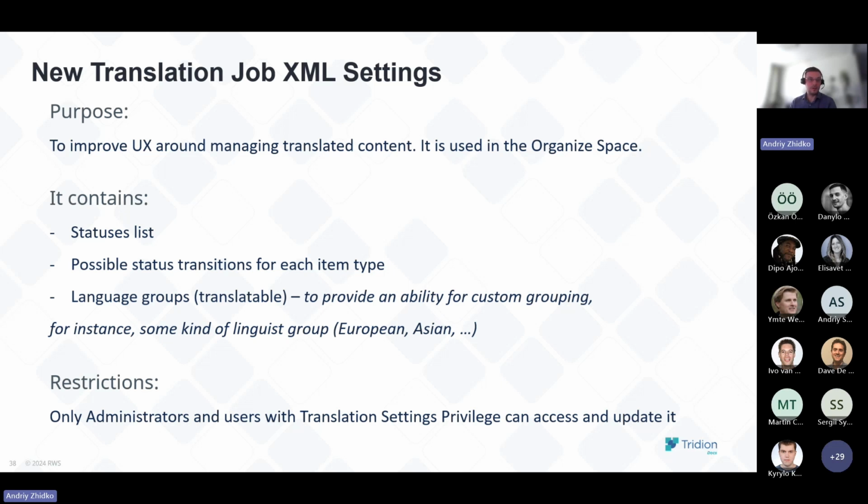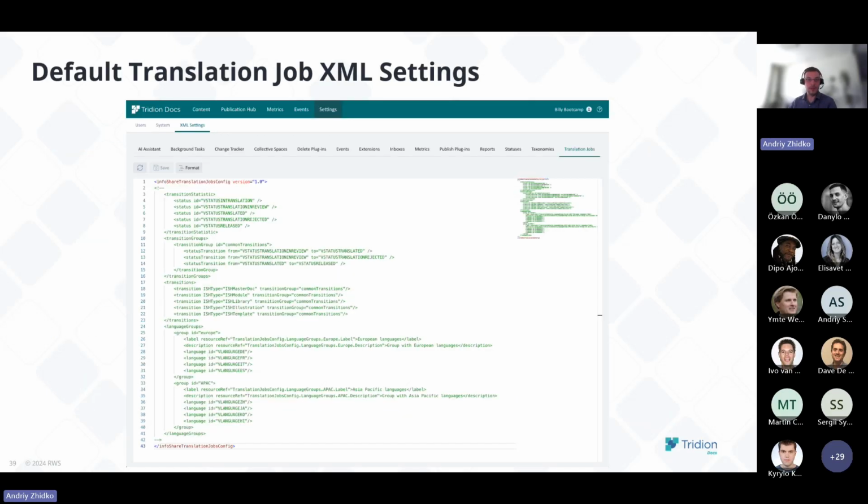Only a user with administrator or translation management privilege can update that setting. So this is the default translation job XML setting. As you can see, it is commented out. The reason is that the translation workflow and the language groups that customers might need differ from customer to customer, depending on their needs, and we try to come up with something meaningful that can be used as a starting point.